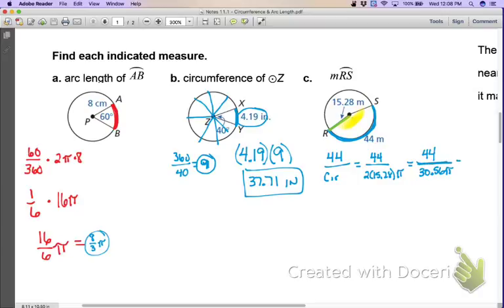Now, this ratio has to be the same thing as whatever that angle is over 360. I basically did part of the circle over the whole circle, right? So from here, I'm just going to cross multiply and multiply 360 times 44 and get 316.